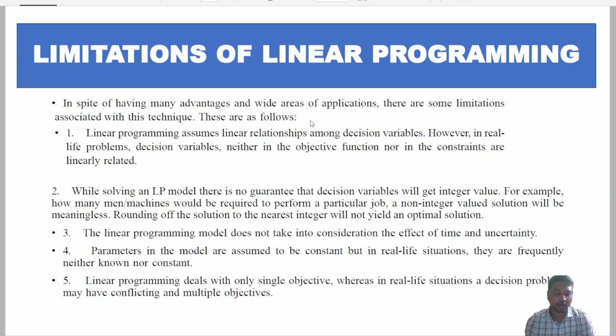By providing an optimal solution within defined limitations, linear programming improves efficiency in decision making. As technology advances, linear programming continues to evolve, integrating with artificial intelligence and machine learning for more complex problem solving.